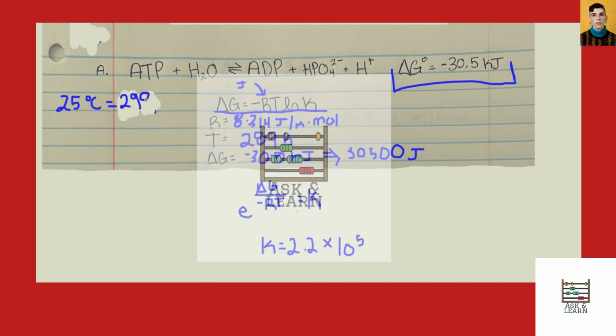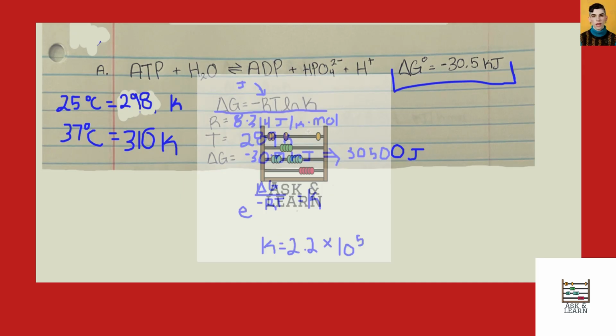And then 37 degrees Celsius is going to be 310 Kelvin. You can get those numbers by just adding 273. So to convert between Celsius and Kelvin, you just add 273 to the degrees Celsius.